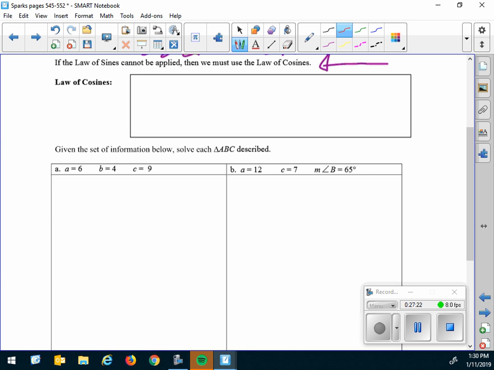Here they go. A squared equals B squared plus C squared minus 2BC cosine alpha. Hey, we could make a rap out of that. Well, I can't, but B squared plus C squared, you can film it, there you go, minus 2BC cosine alpha.